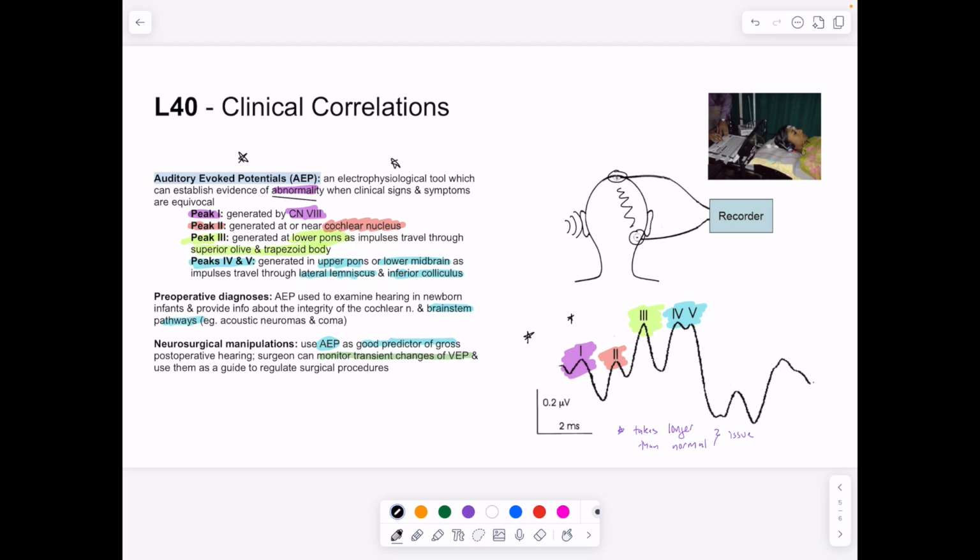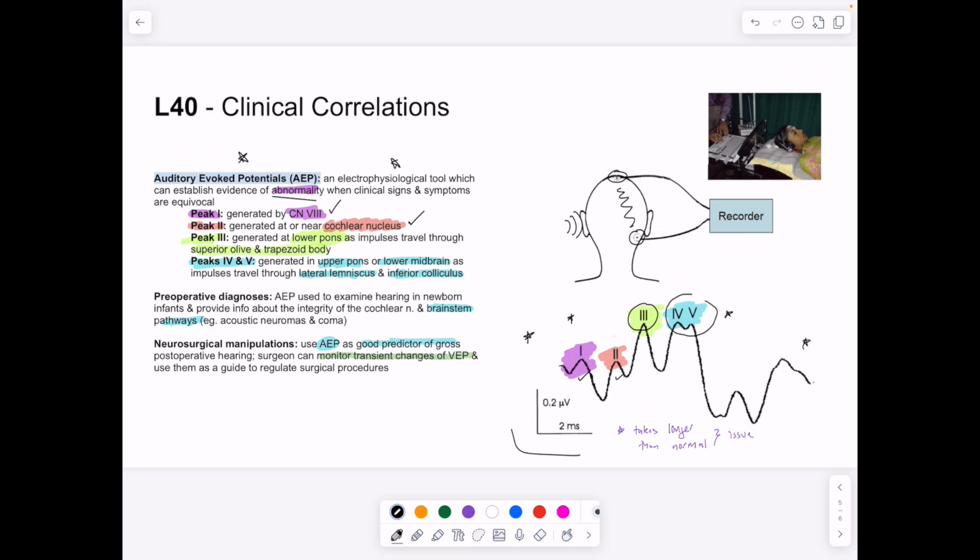The idea is that it's based on the pathway of sound. We start right at the nerve itself, then we get to the cochlear nucleus. So nerve, cochlear nucleus, then we're in rostral medulla, caudal pons, traveling through the superior olive and trapezoid body, and then here you're going to be in upper pons, lower midbrain.